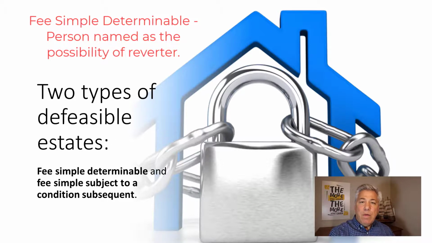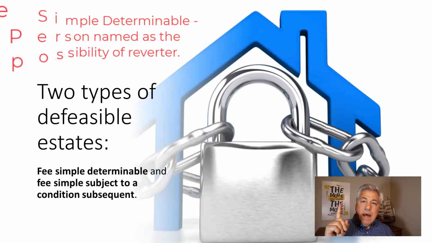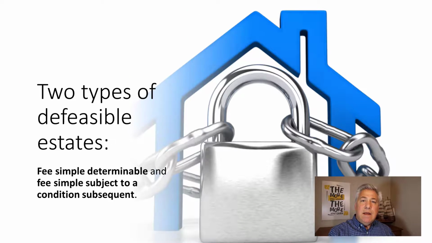And when they pass away, they'll will that interest to somebody else. 500 years down the road, there's somebody named as the possibility of reverter. And is that not an estate in land, an interest that allows possession either now or sometime in the future? With fee simple subject to a condition subsequent, the former owner or the heirs has the right of re-entry, but must bring legal action in court to assert that right.